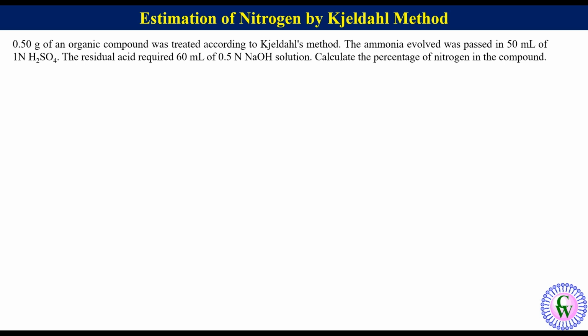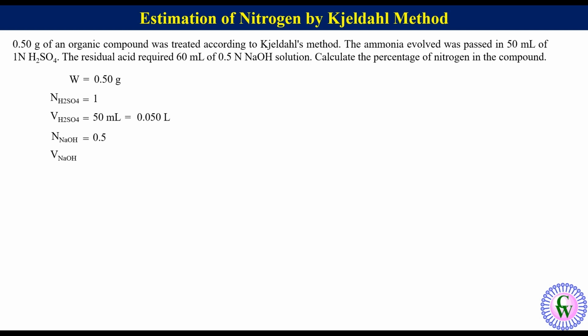Solution. Given that mass of sample capital W is equal to 0.50 gram, normality of H2SO4 is equal to 1. Volume of H2SO4 is equal to 50 ml is equal to 0.050 liter. Normality of NaOH is equal to 0.5.